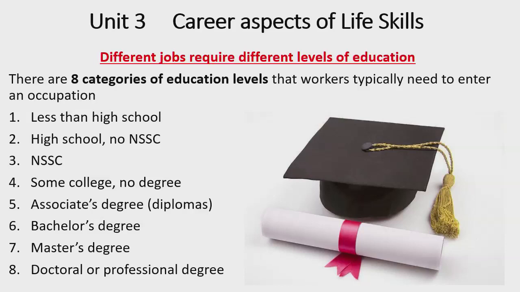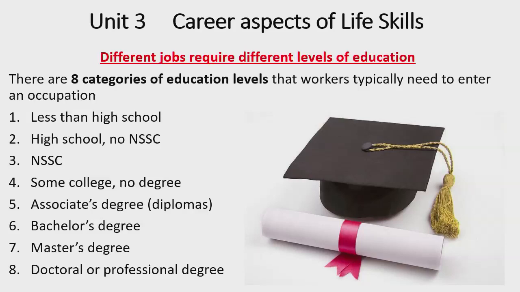The different jobs require different levels of education. So in the study guide, they mention 8 categories of education levels that workers typically need to enter an occupation. So when we look at those 8, they also work in order from 1 to 8.